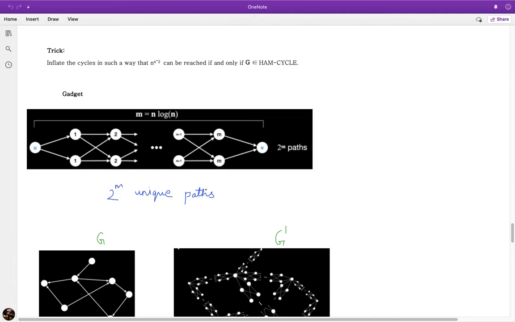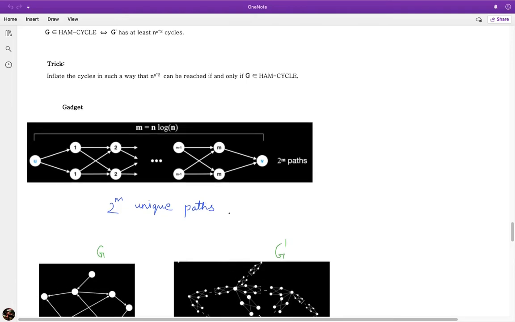Now from this we can infer that, let's say a graph has a cycle of 3 vertices, meaning 3 nodes. That means it has 3 edges, and each edge in the graph G dash has 2 power m unique paths. So it is basically 2 power m cycles.